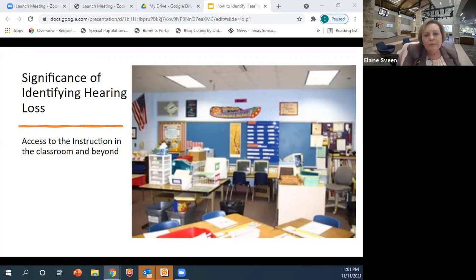There's one accommodation I think it's very important to talk about here. As we know in orientation and mobility, travel is very important for our students.